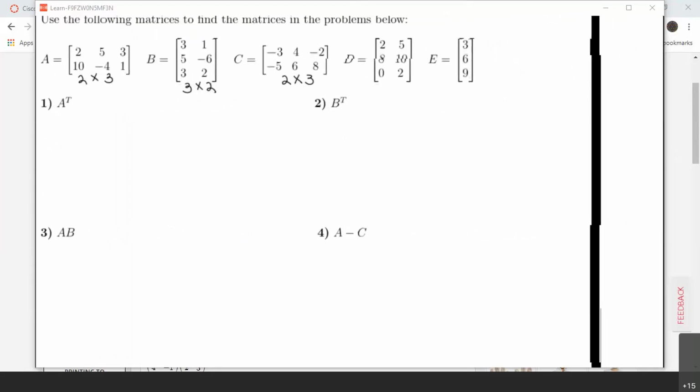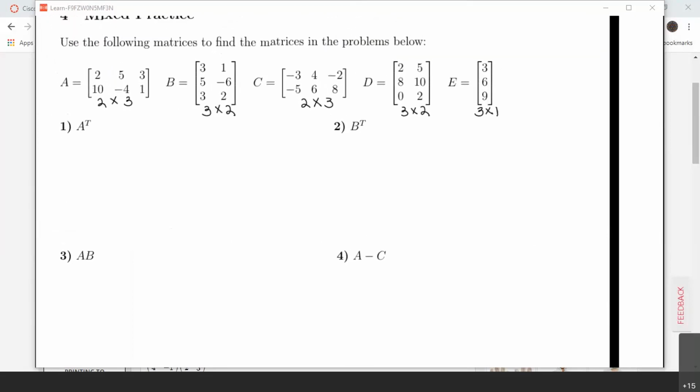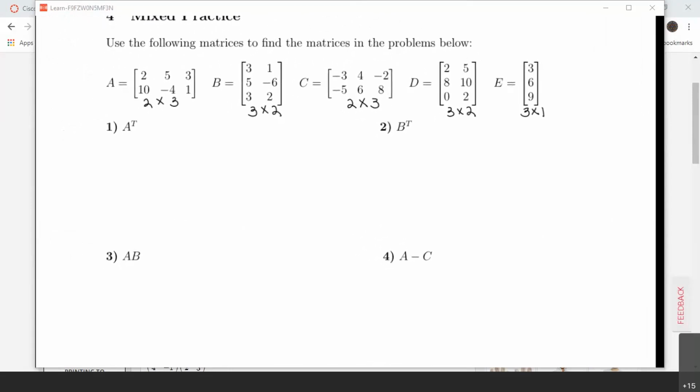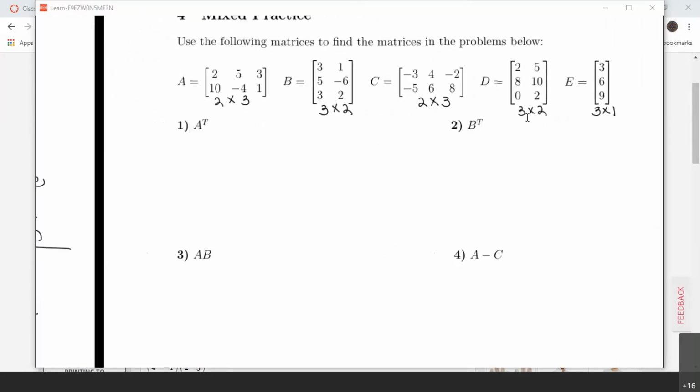And even though we're not using D, it's a 3 by 2, okay? And E is 3 by 1. I'm sure you'll recognize E is a vector, even though we're not using it in any of these examples. So to transpose A, all I need to do is to switch the rows and columns.